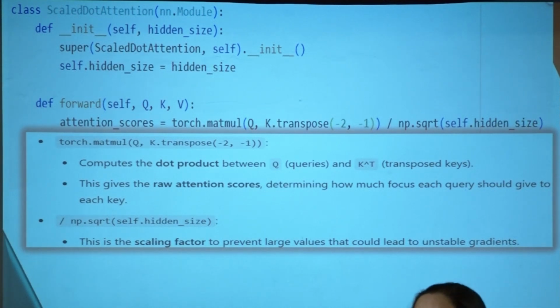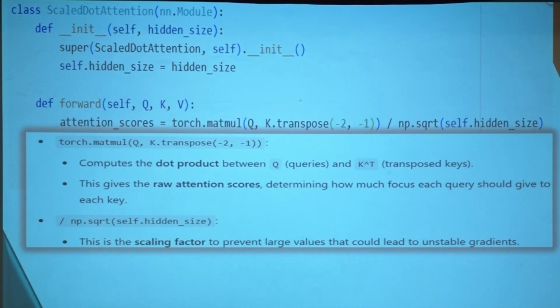So you require two things for scaled dot product. One is the dot product between query and key. Another is the square root of the dimension of key. Yes or no? So what I am going to do there, I am using torch.matmul. So using that, you will be doing the dot product of queries and transposed keys.